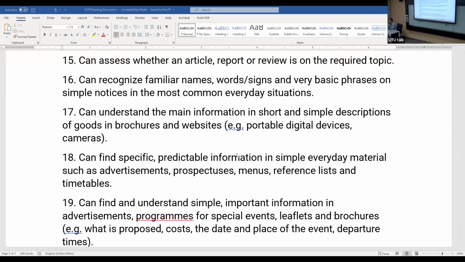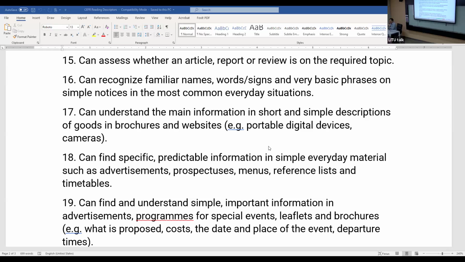A1, right? For example, you have very limited Korean, but you understand familiar names like oppa, signs, basic phrases. That's A1. 17, short, simple. It must be A level. Is it A1 or A2? A2, right?